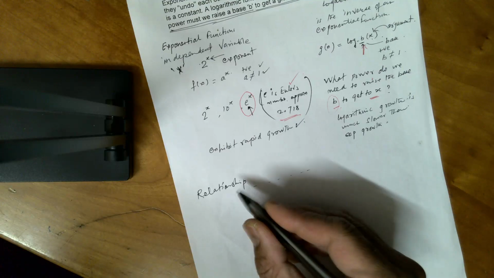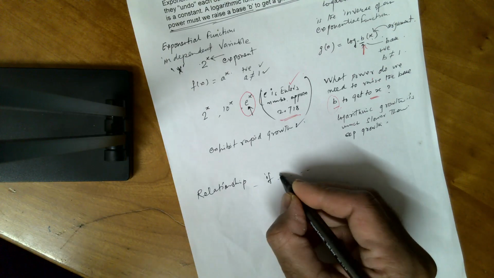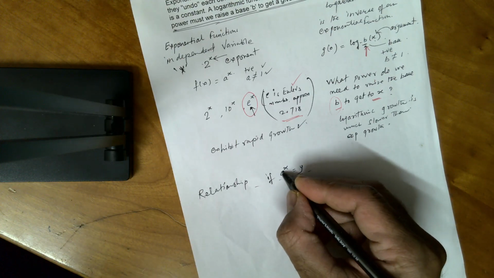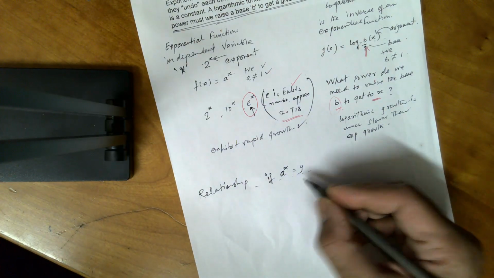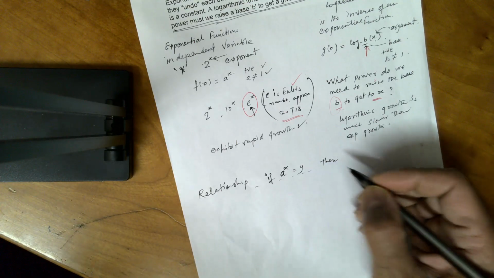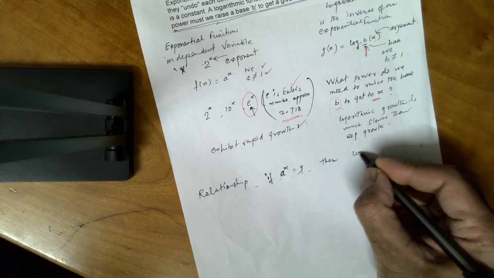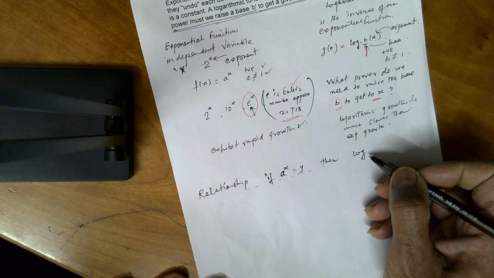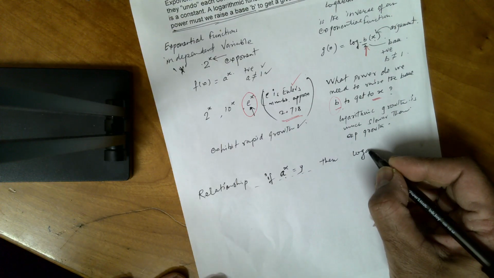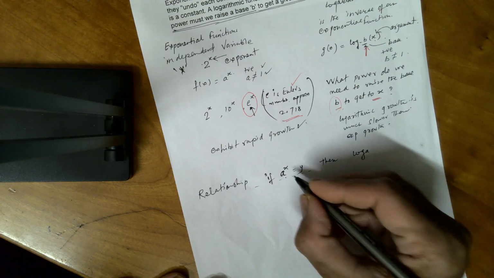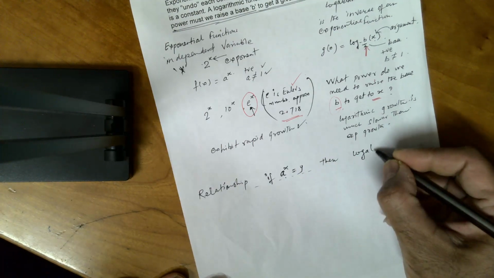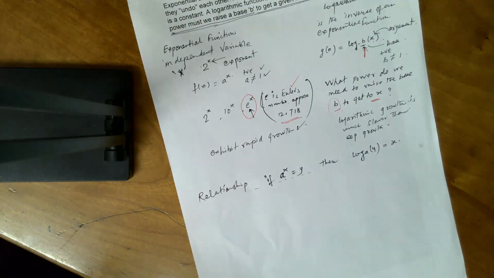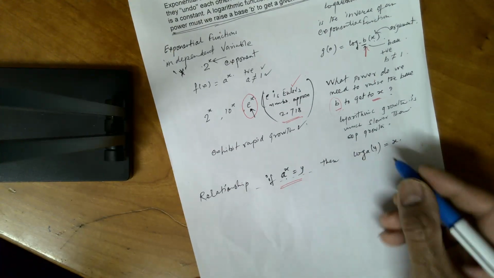The relationship is: if a to the power x is equal to y, then, because the logarithm is the inverse of that, we say the logarithm of y to base a is equal to x. Okay, so this is how we write the relationship.